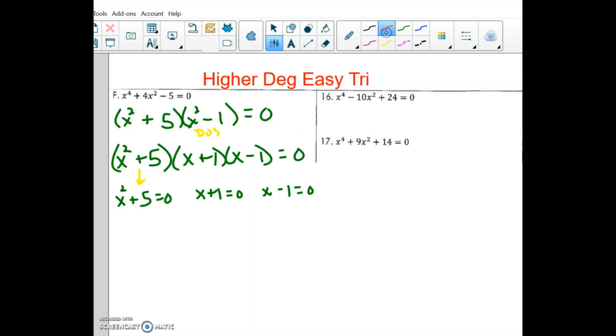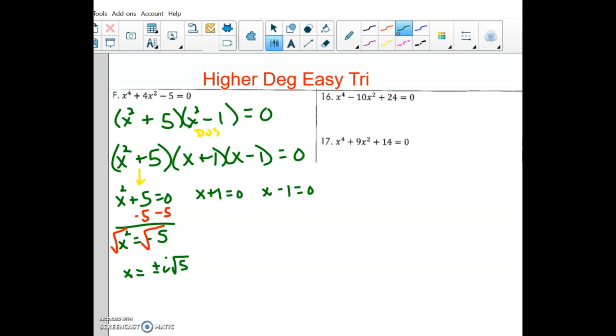So we need to subtract 5 from both sides. x squared equals negative 5. We'll take a square root. Remember that square root gives you two answers. So we'll have x equals plus minus, that's two answers, i, because of the negative, square root of 5.